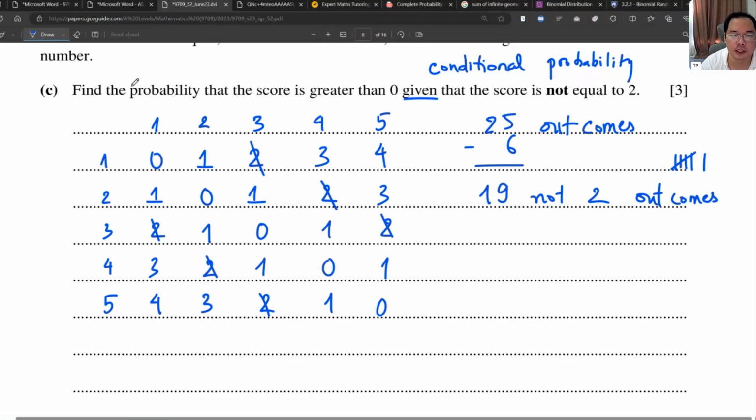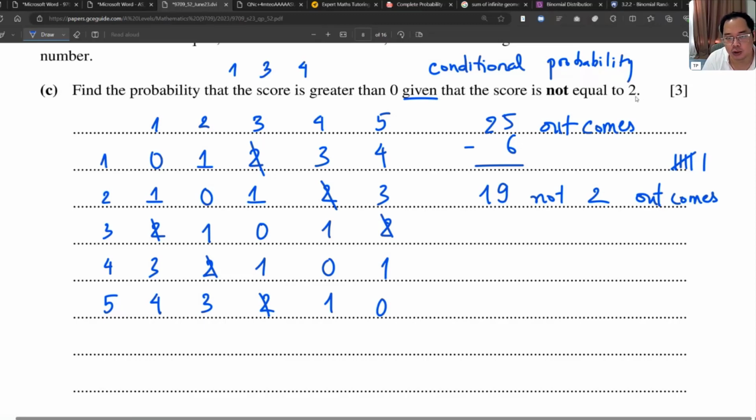And we need to find the probability that the score is greater than 0, meaning those scores are 1, 3, 4. Those 3 values, because it cannot be equal to 2, given that it's not equal to 2.